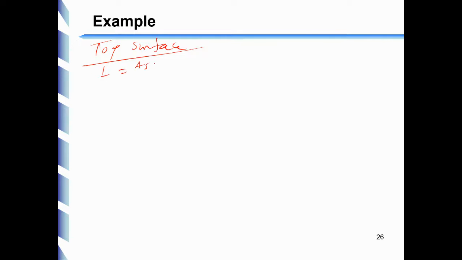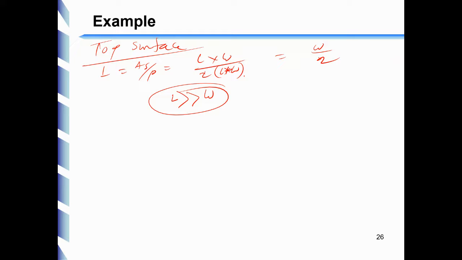So L will be As by P, L times W divided by 2L plus W. If L is very much greater than W, then we can ignore the W. So L times W by 2L, L cancels, so W by 2.